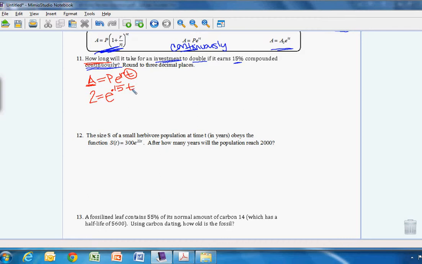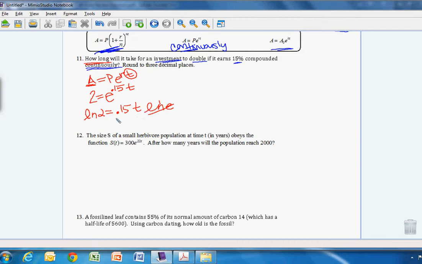From what we've previously done, in order to solve for T, I can add my natural logs onto both sides to bring my exponent down. So I'm going to have the natural log of 2 equals 0.15 T times the natural log of E. Natural log of E means 1, so it's not really canceling, it's just turning into a 1.